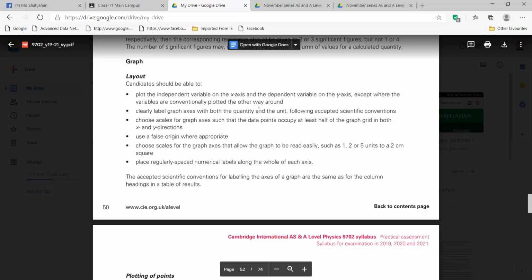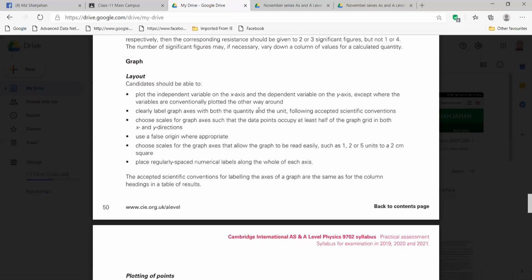So think that you are asked to plot a distance-time graph. So here we have two variables. One is distance, another one is time.